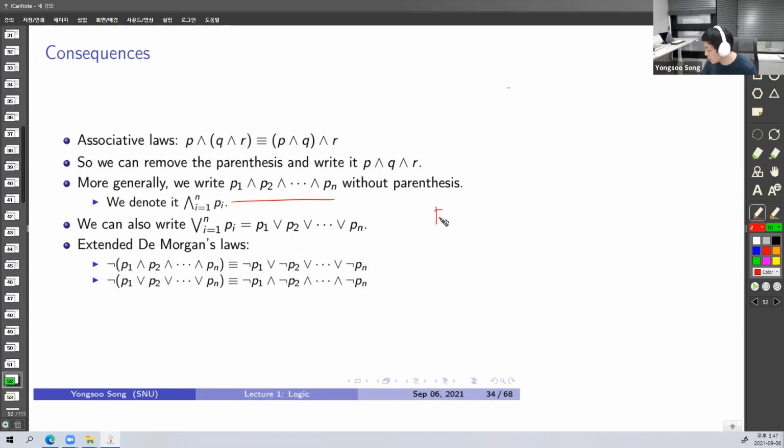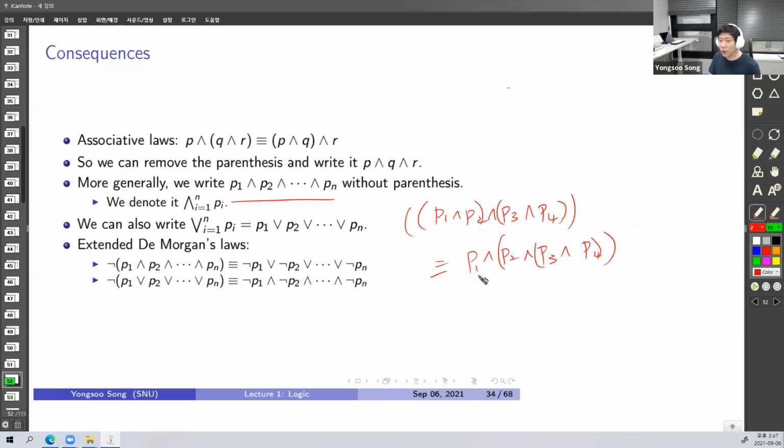So for example, when you have four atomic propositions, these propositions are logically equivalent, so it doesn't really matter. That's why we can use the big AND symbol to denote this AND proposition of n propositions.